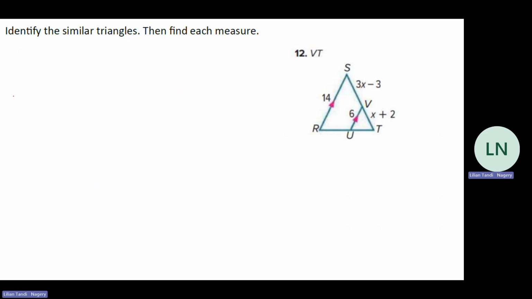Okay. So we will do here RS over UV equals SV over VT or TV.